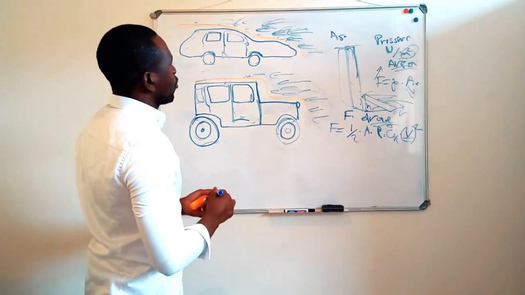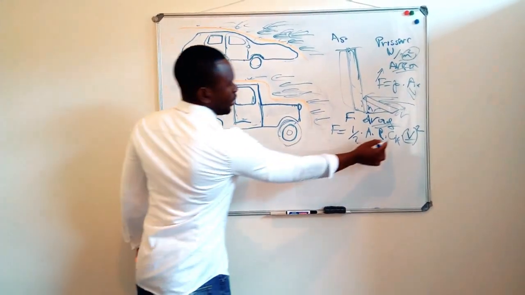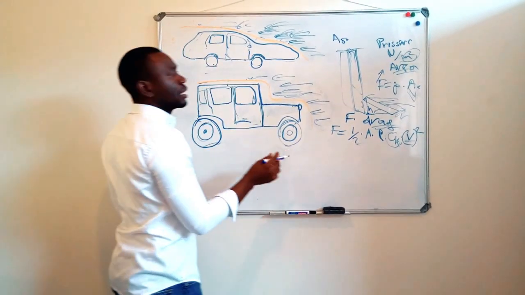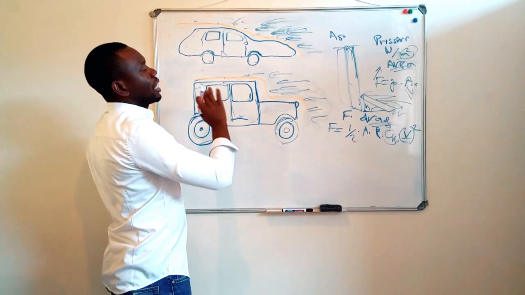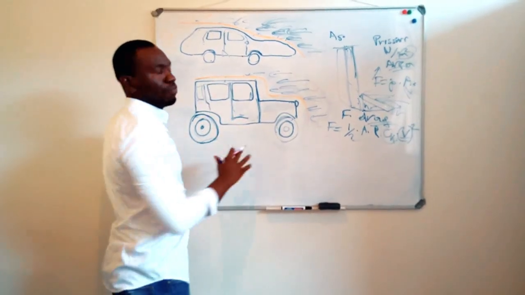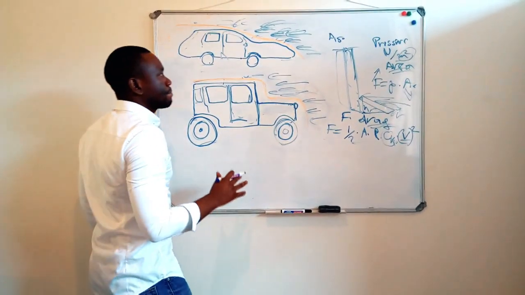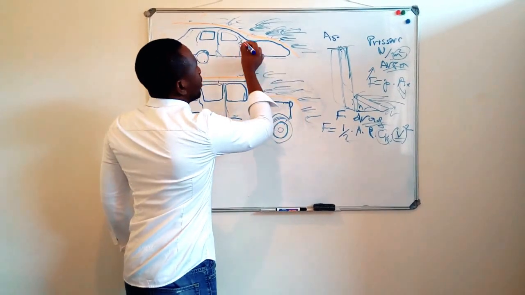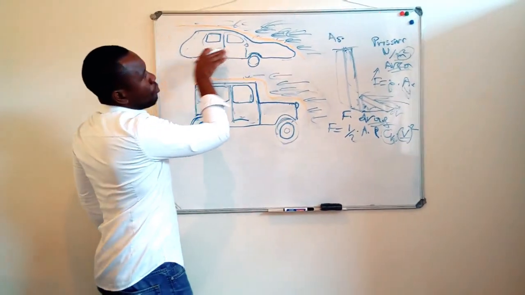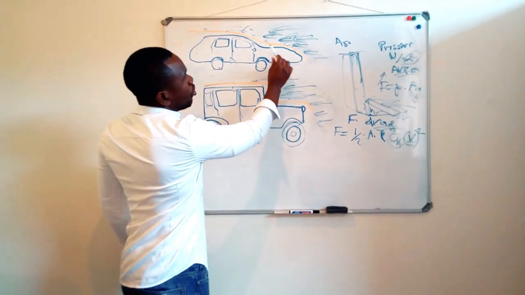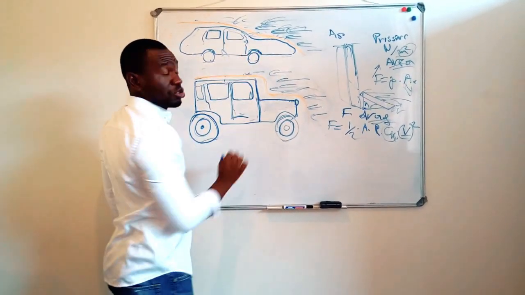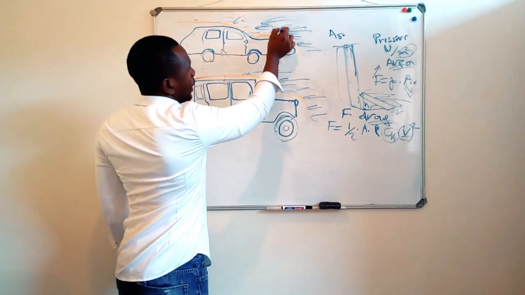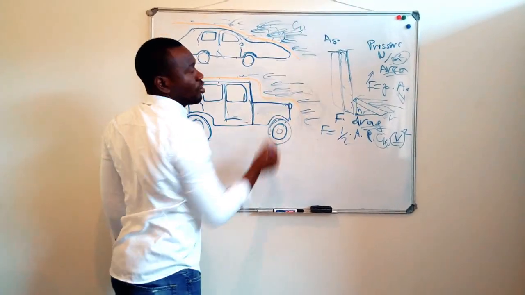Now we realize that the drag coefficient varies according to the shape of the body in motion. The more rounded your surface is, the lower your coefficient of drag.